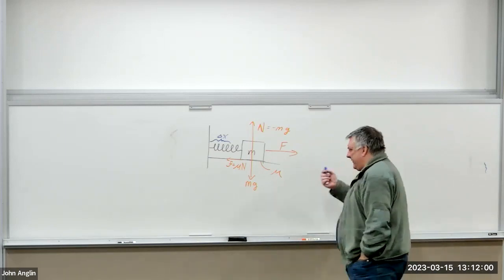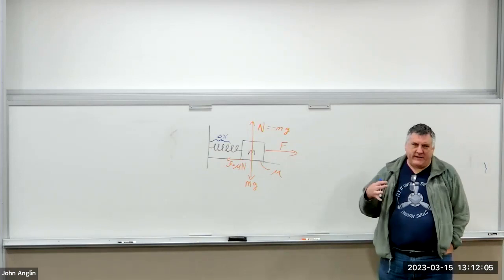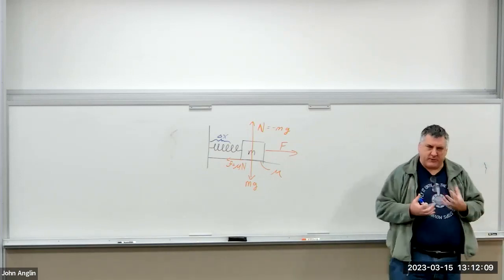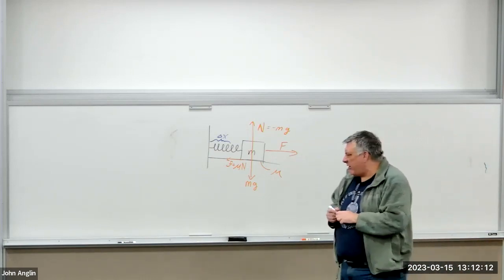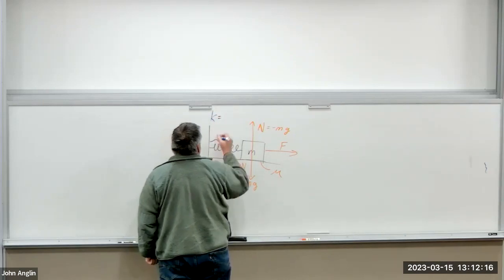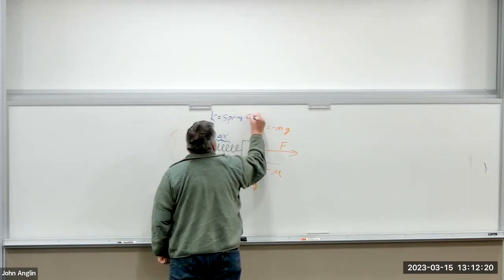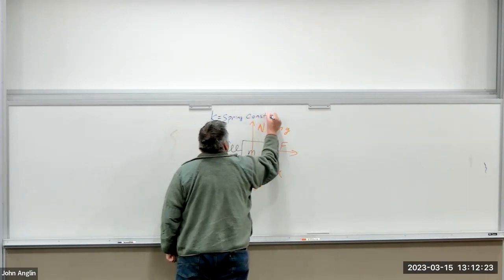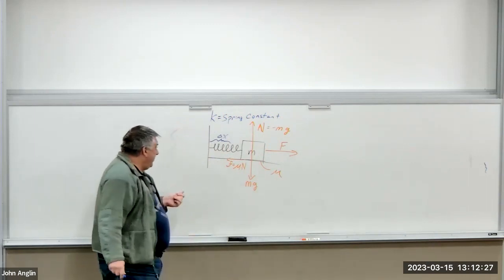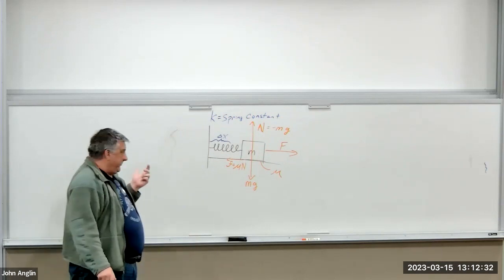So all of those things factor into a quantity that describes the physical properties of the spring. And we're going to call that the spring constant. And usually we use K for this. So the spring constant measures that.